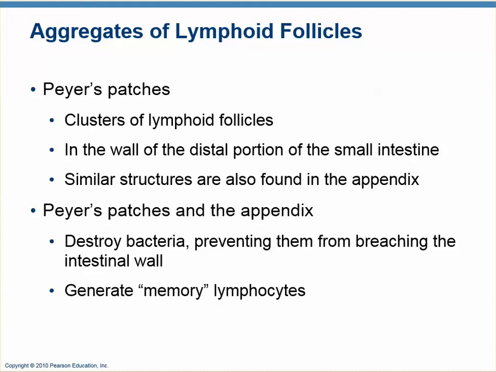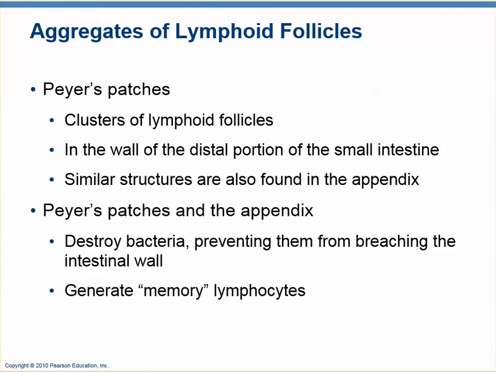Earlier I mentioned things like Peyer's patches. So Peyer's patches are found all along the small intestine, and they are basically just in the mucosa of the small intestine, which is especially designed for absorption. Well, you don't want to absorb pathogens, so these are there to deal with any pathogens. It basically keeps the bad guys out.